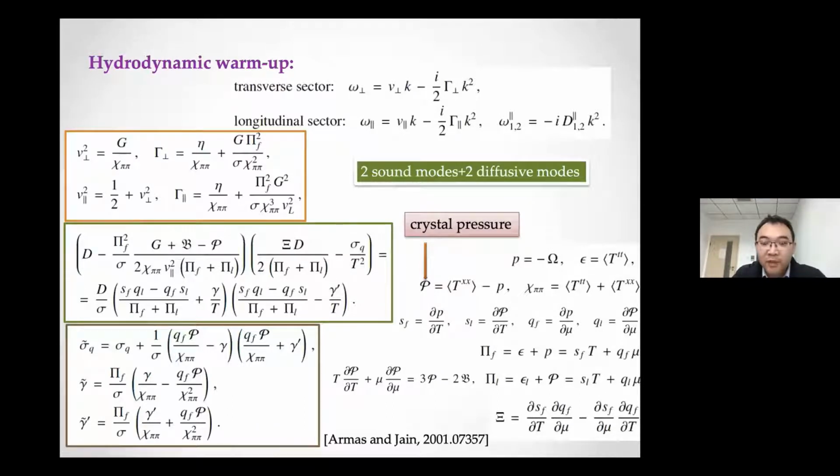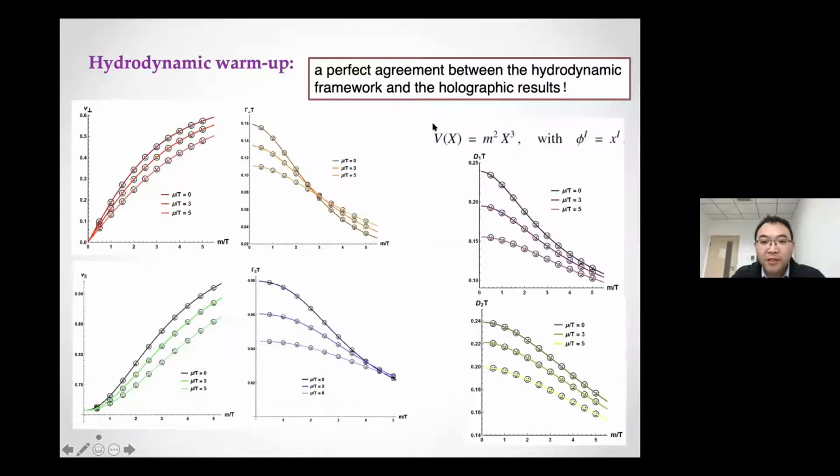So we can fit the quasinormal modes to obtain all these quantities. And you can see there is very perfect agreement between the hydrodynamic framework and the holographic result. The different curves and the marks agree with each other.